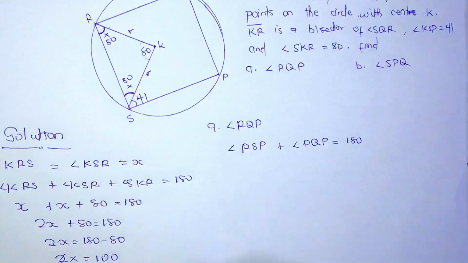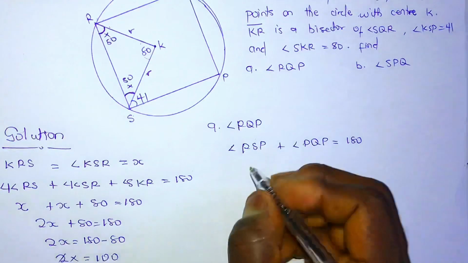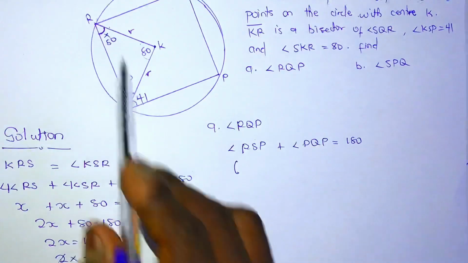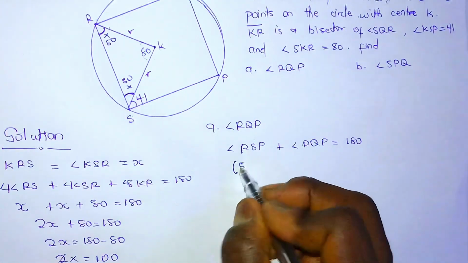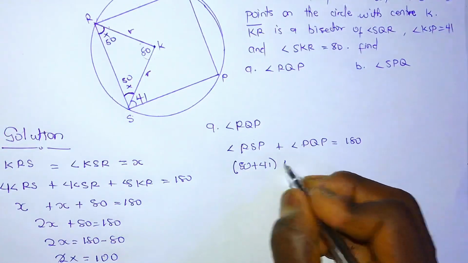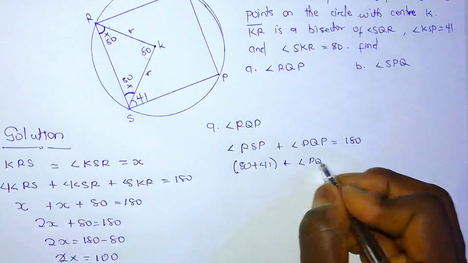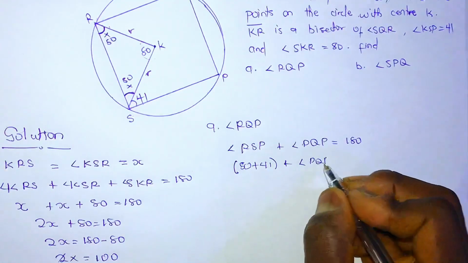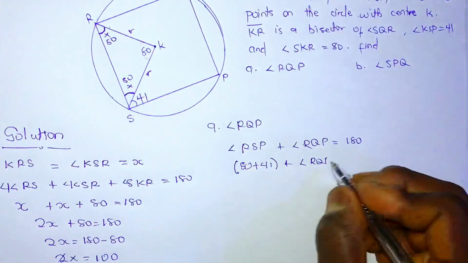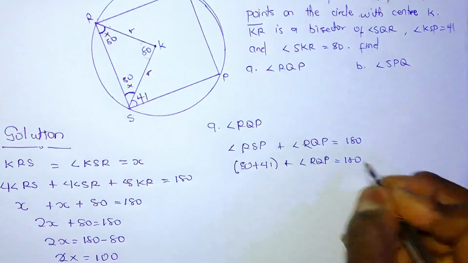So sum of opposite angles is equal to 180. So RSP is 50 plus the 41 plus angle RQP is equal to 180.